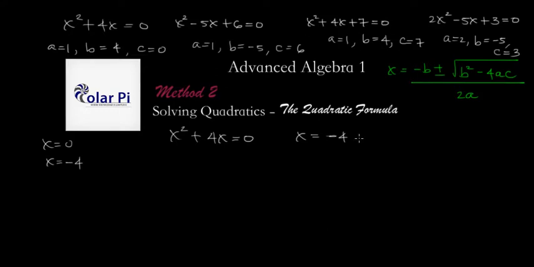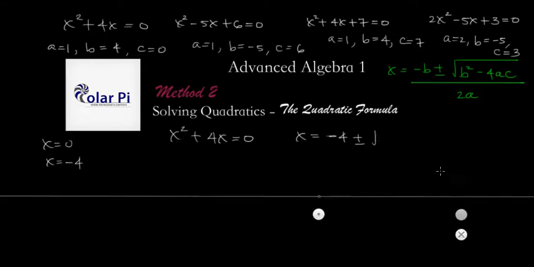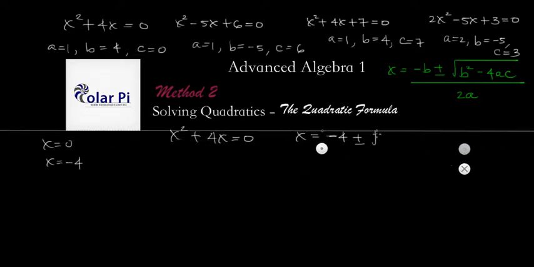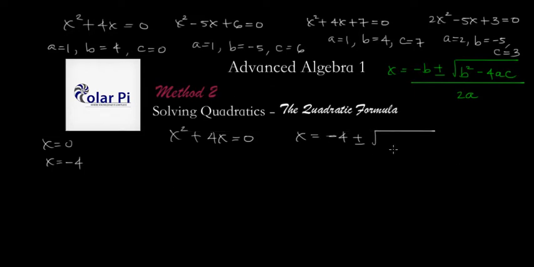Plus or minus the square root of. For memorizing the quadratic formula, there are songs on YouTube about it, so you can watch those or just do it. Anyway, square root of what? B squared. So b is 4, so 4 squared is 16. Minus 4 times a times c.